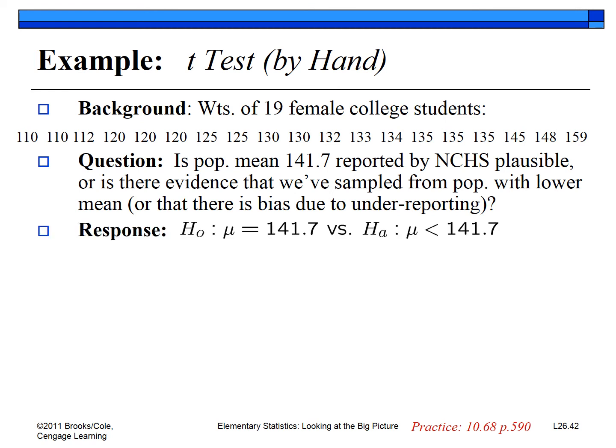Well, let's take a look at our hypotheses. The null hypothesis is that our sample is just a regular ordinary sample. Its mean ought to be 141.7. The alternate hypothesis is that something weird's going on, that the mean is less than 141.7.